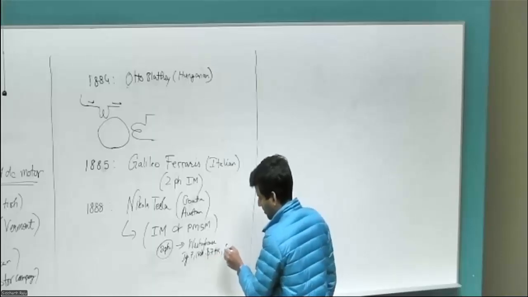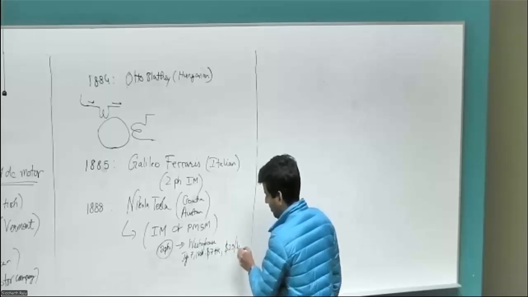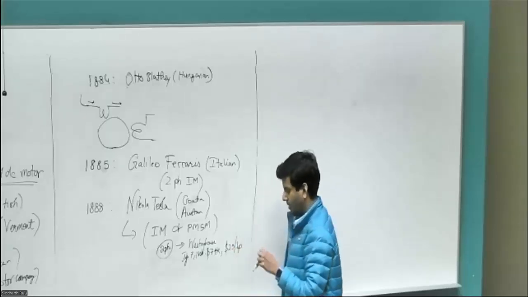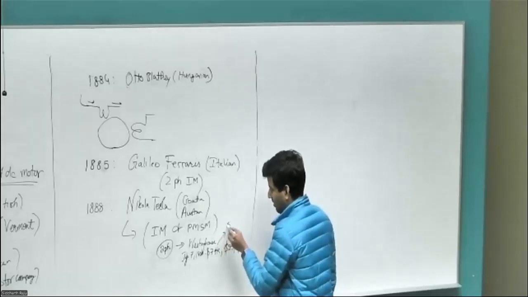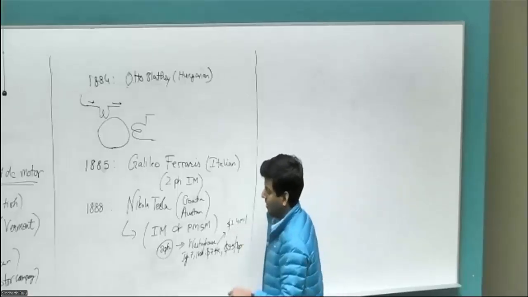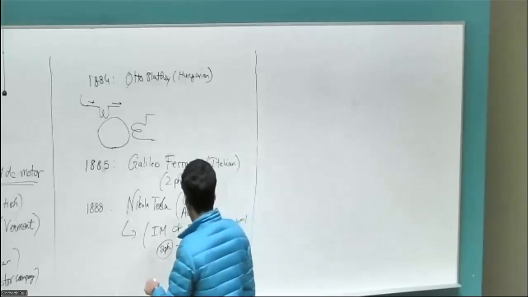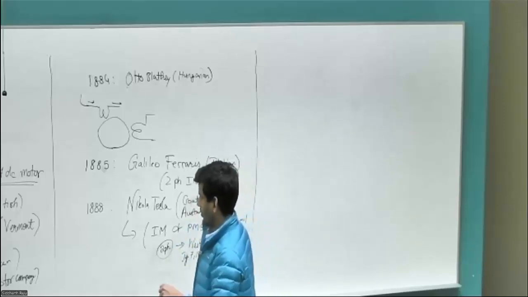And for every HP of motor that was manufactured, he gets a royalty kickback of $2.5. This didn't pan out too well. This is about $2.4 million in today's amount. Right? And he went on to use this to create other ventures and so on and so forth.